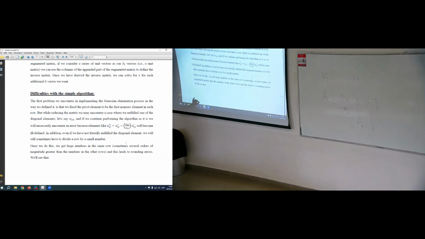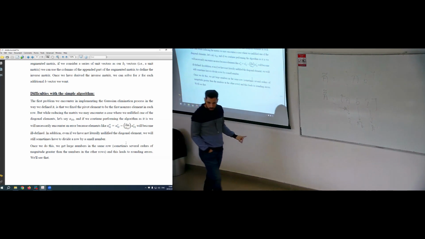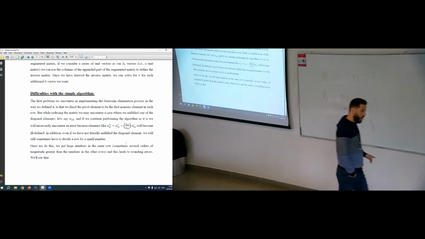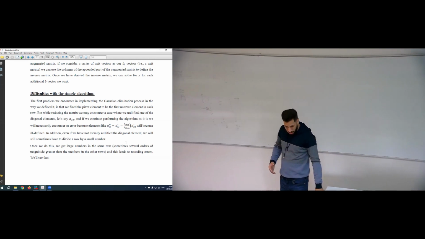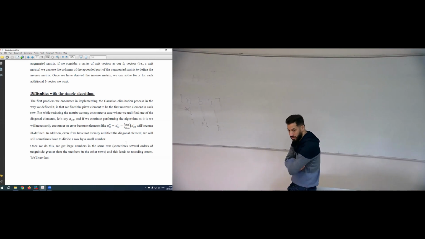If there is a small number, A11 is small, for example, and then we divide by it, we might have the problem of catastrophic cancellation. So we can say it like this. If we divide by it, we will get a big number. This big number, if we add to it a small number, we will lose information about that small number.